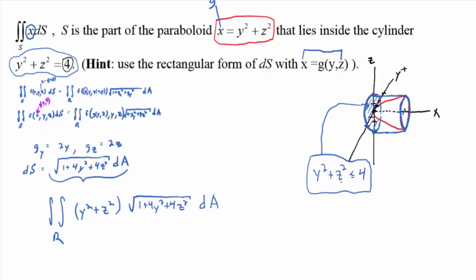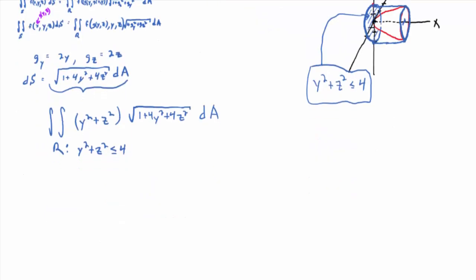So, all right, if you wanted to put that here, you could. Now, of course, what do you want to switch to at this point? Polar. So let's put in the r dr d theta right away so we don't forget the extra r. Now, remember, z is taking over the role of x. So what is y squared plus z squared? That's r squared right there, isn't it?